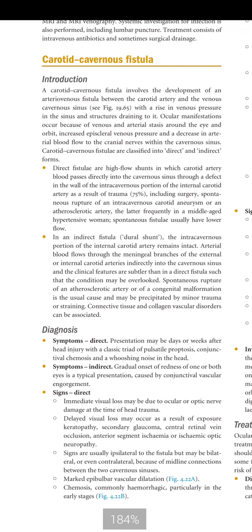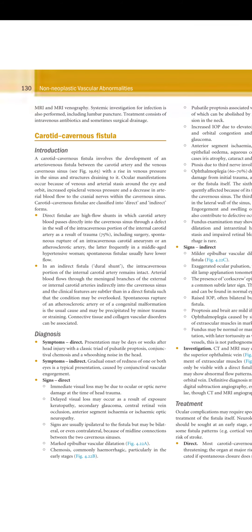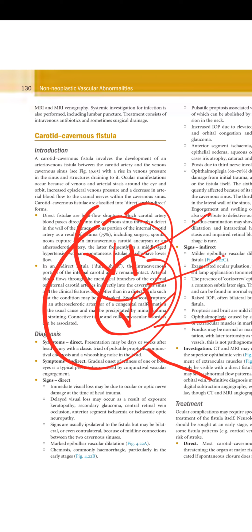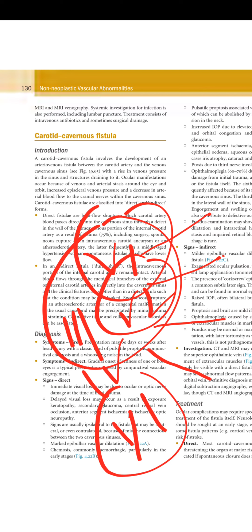So then what are the signs? You know that in the cavernous sinus there are cranial nerves passing through: V1, V2 of the trigeminal nerve, and 3, 4 and 6, and also the carotid artery passing through it.